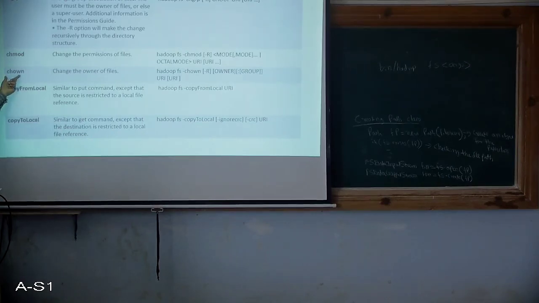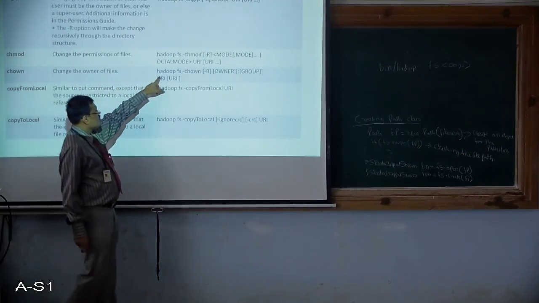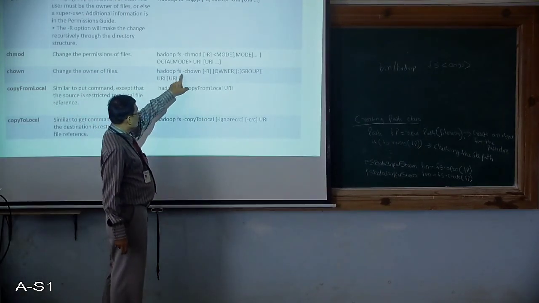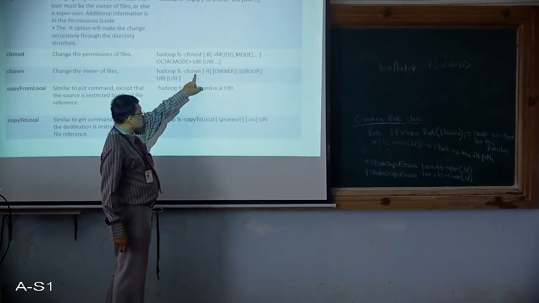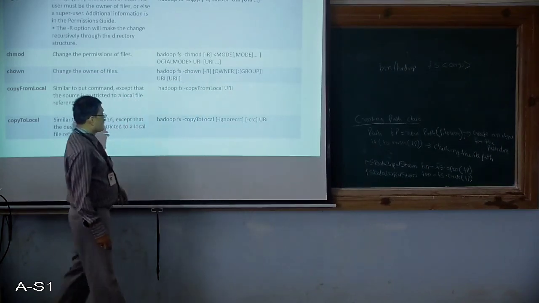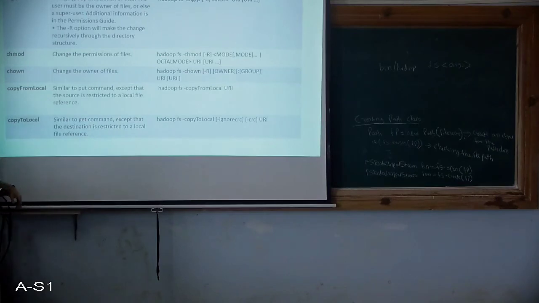Similarly, the next one is change owner, CHOWN, used for changing the owner of files. The syntax looks something like this: hadoop fs -chown, with the -R option if you are doing it recursively.